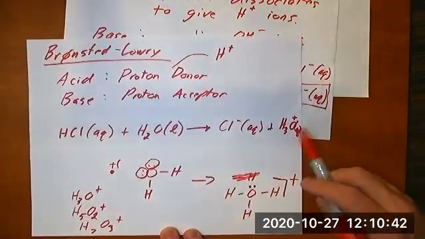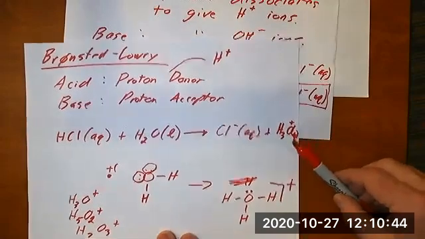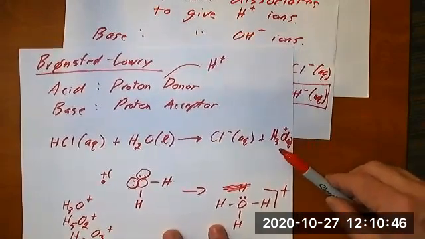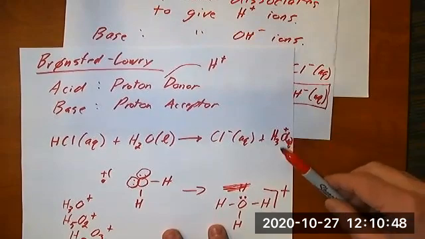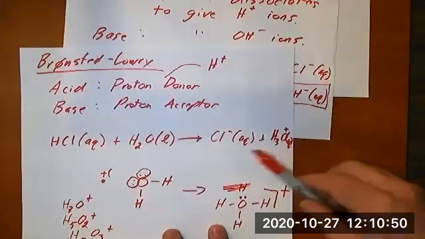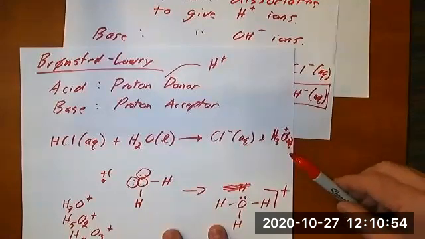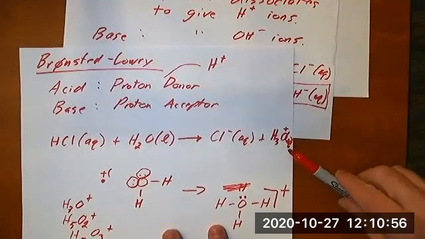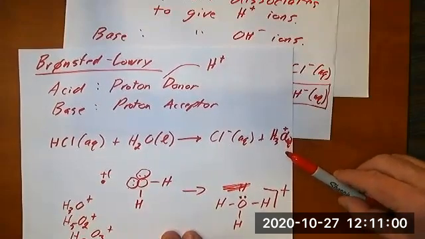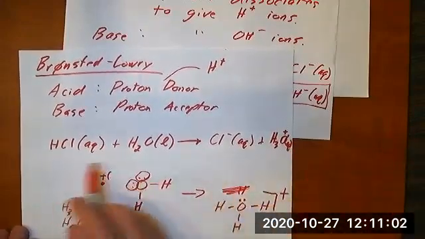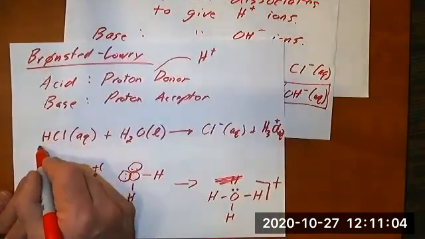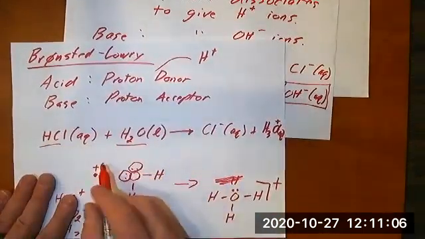H3O plus is a similar shorthand, but it is at least acknowledging what is going on with the proton to some degree. And so in many ways, the H3O plus is a better representation of what's actually going on. So with that in mind, take a look now at what is happening in this reaction.